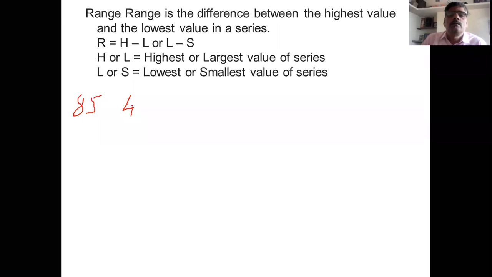English score is 45. Then financial accounting paper 1 is 98. Then the next subject is secretarial practice, where 86 is your score. Then business environment or marketing management, its score is 79.